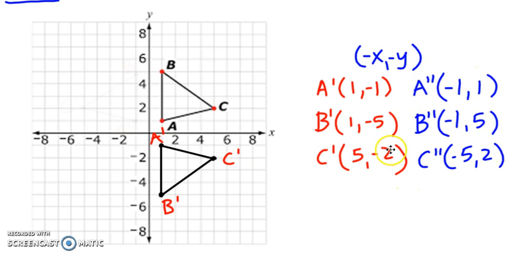So after I have found my A double prime, B double prime, and C double prime, I've graphed it over here. So this would be our final answer for the composite transformation. First, I reflected over the x-axis, and then I rotated 180 degrees.